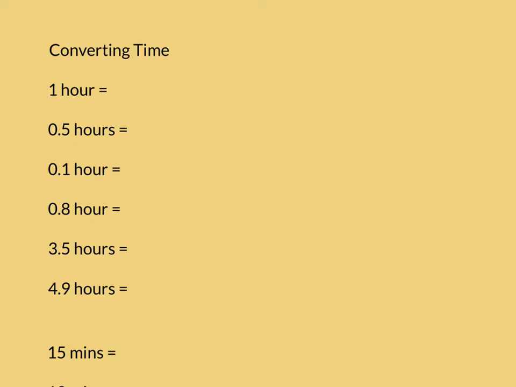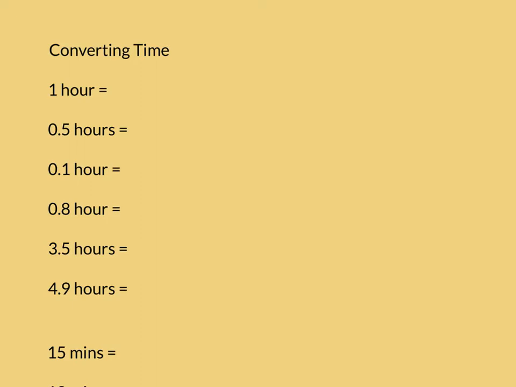One of the most common compound measures that we use is speed. Speed talks about distance and time. And the thing is, when we're working with time, it doesn't work in a base of 10.